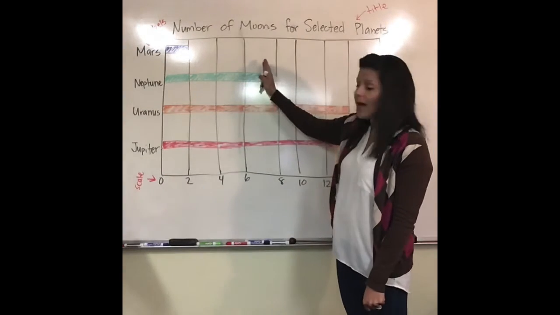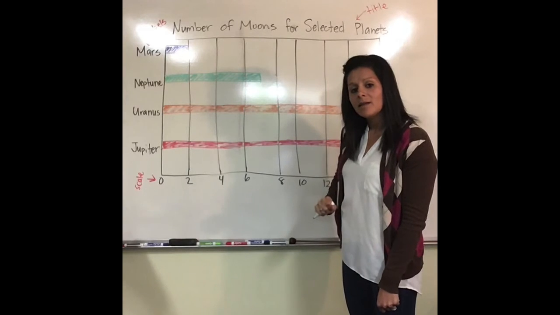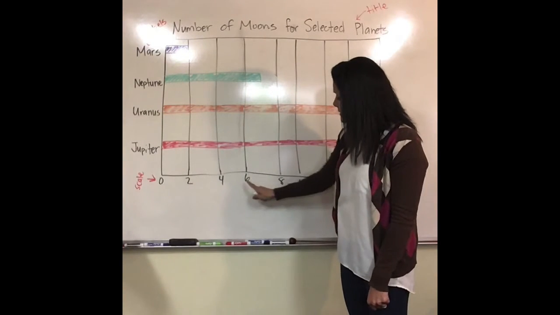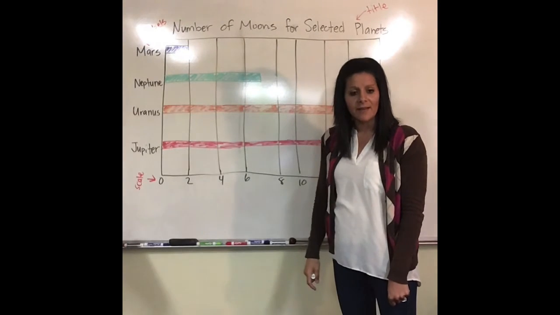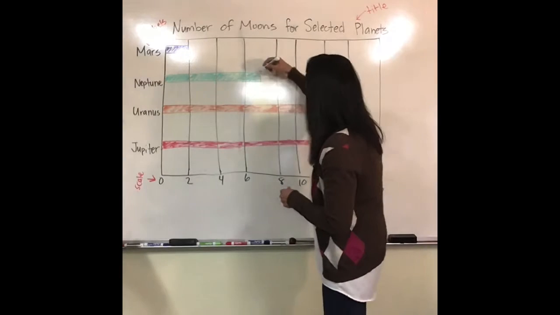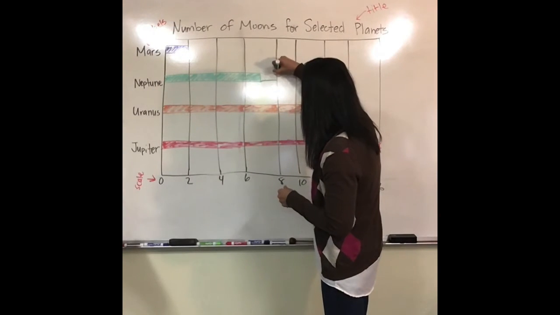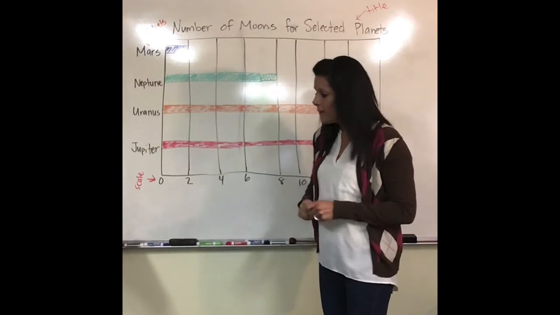So if we stopped halfway through, how many moons would we say Neptune had? Well, 6, 8, it must be 7. They must have 7 moons, okay? But we know that that's inaccurate information, so let's go ahead and put our graph back the way it's supposed to be with 8 moons, okay?